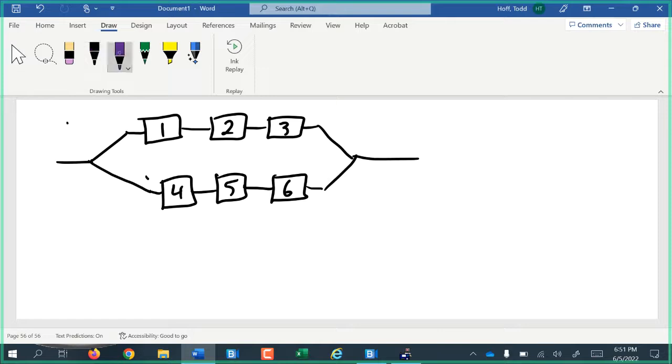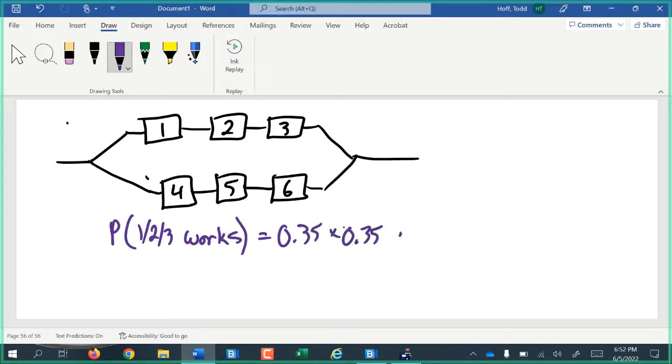So the probability of the 1, 2, 3 subsystem working is going to be 0.35 times 0.35 times 0.35.